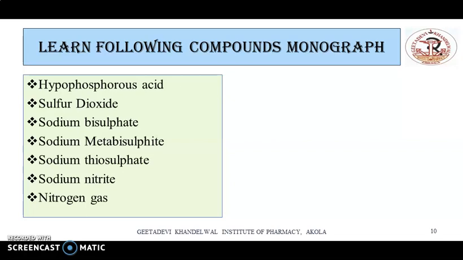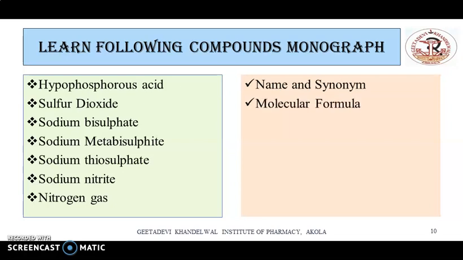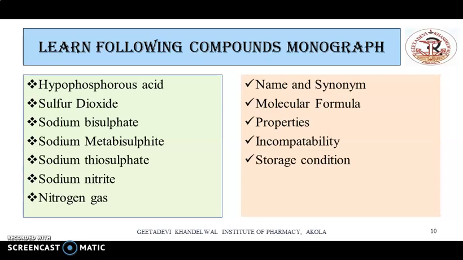These are the inorganic antioxidants, and you have to learn from the monograph the name and synonym, if any, of that substance, then their molecular formula, properties, incompatibilities, storage conditions and uses.